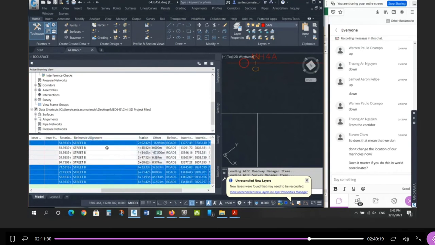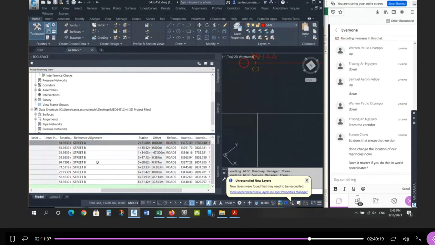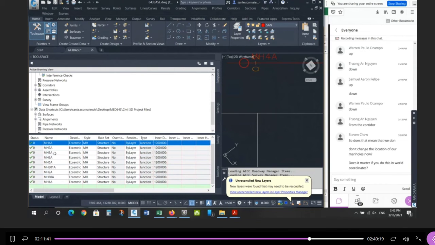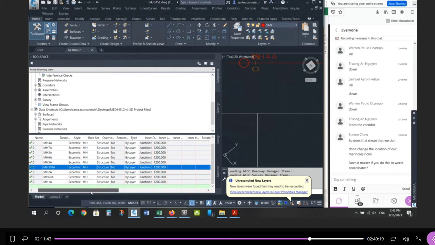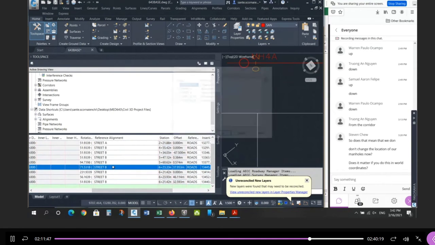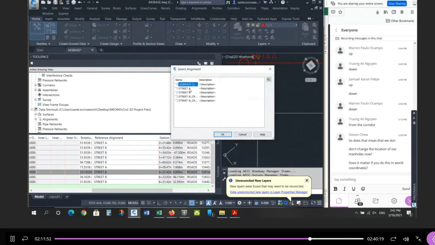You can see right here, the reference says street B. I'm going to change them all to street A. Oh, well, let me do more than one. Okay, you may have to do one at a time. So 4, 3, all the ones down here should be street A. I forgot to change this on the fly when I did it. Street A. Street A.